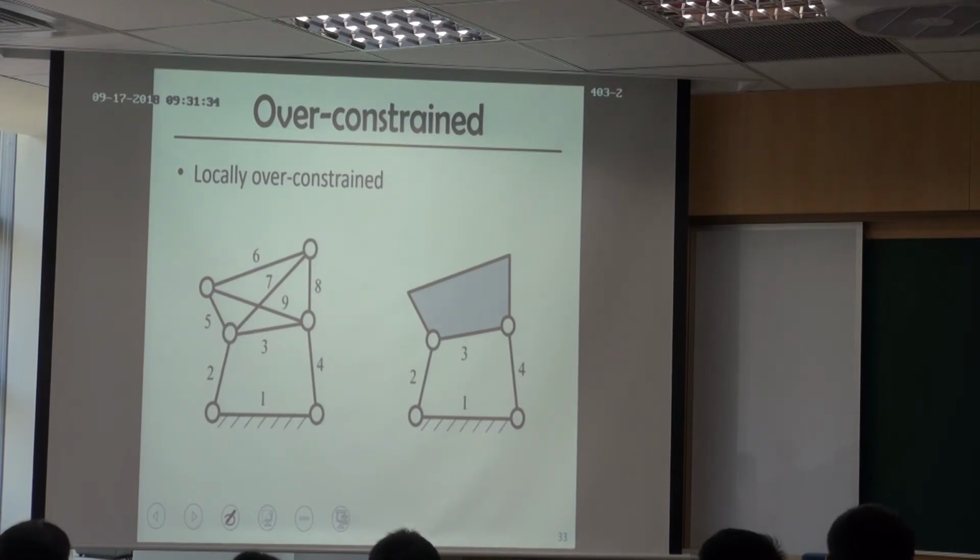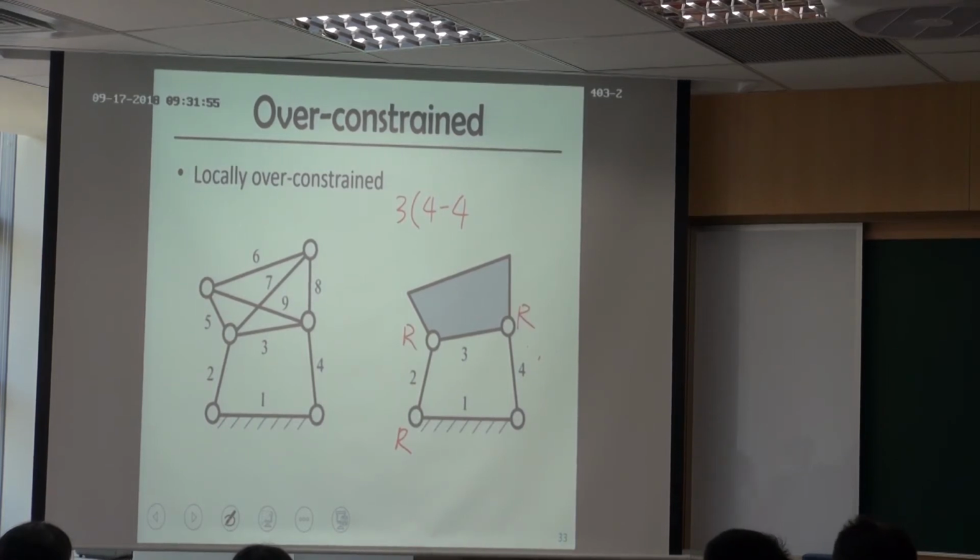I'll do the right-hand side first, and I think you're all familiar with it. It's a planar mechanism, so we use the equation: 3 times 4, the number of links. We have 4 links. We also have 4 R joints, so minus 2 times 4 for the joints, and minus 1 for the ground link, and also need to add 4 back.